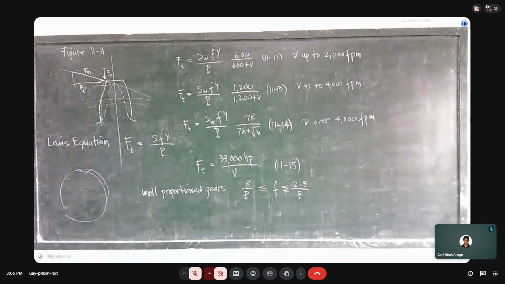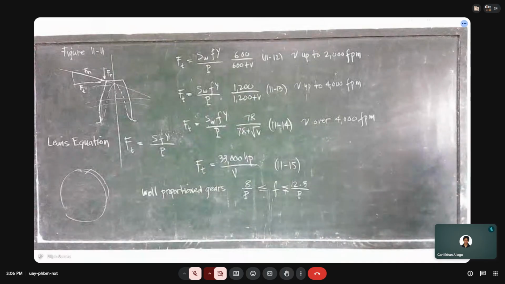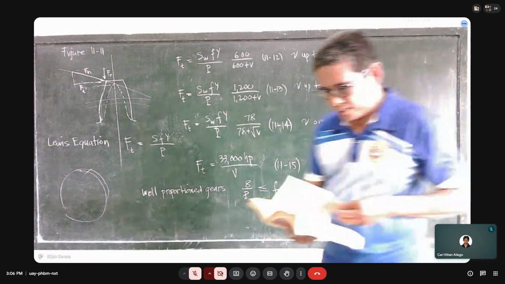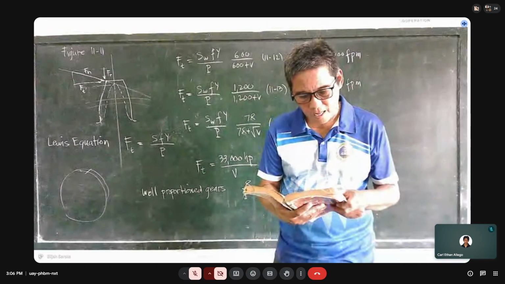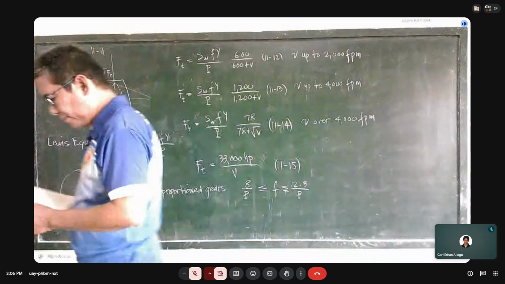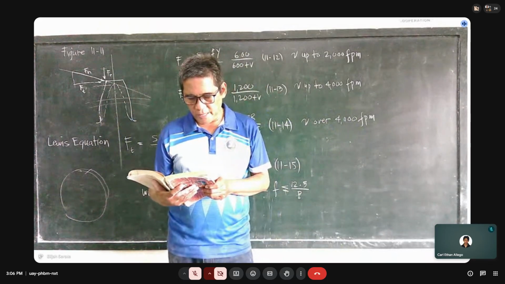Okay, so under the standard, for diameter pitch, there is a standard value. Look at table 11 plus 1. Diameter pitch P and N is the number of teeth.